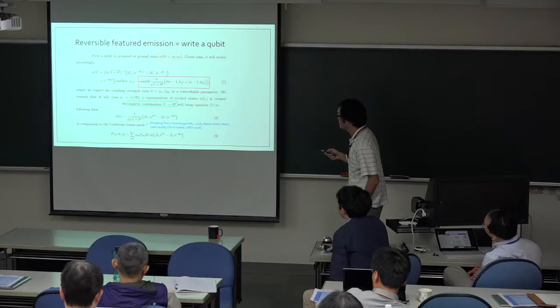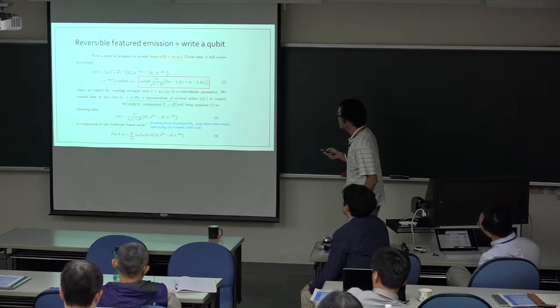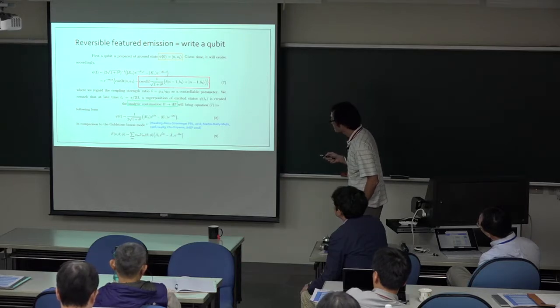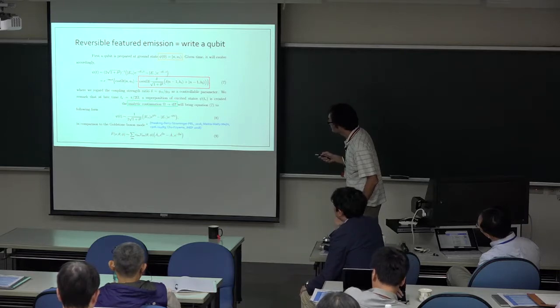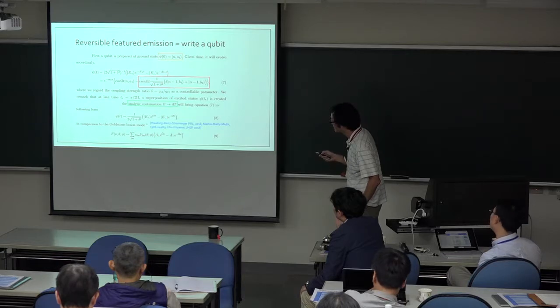So this omega prime should be around 1/n, which is about the Hawking temperature. Then you come up with these states after we rotate your coupling.